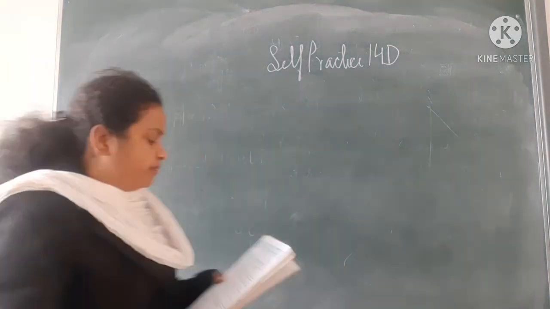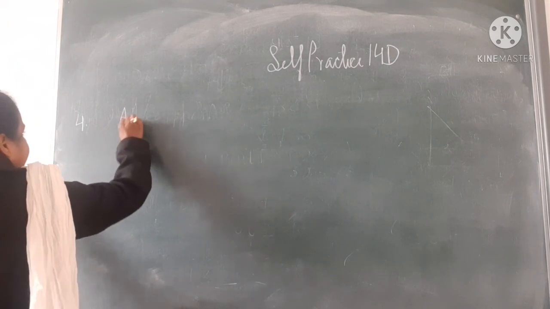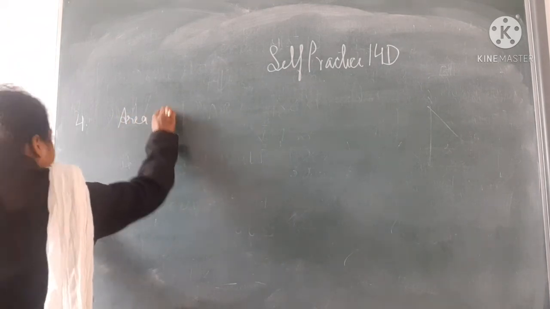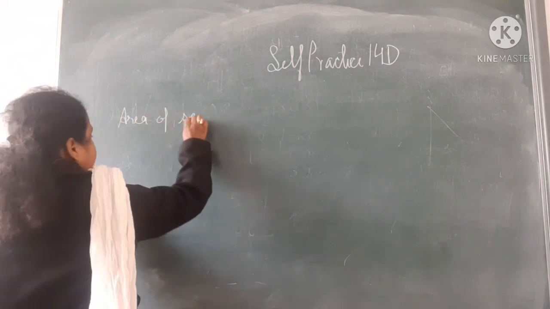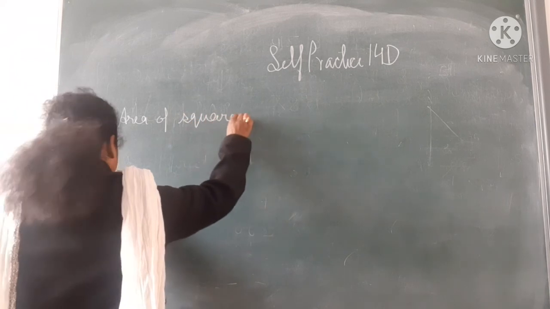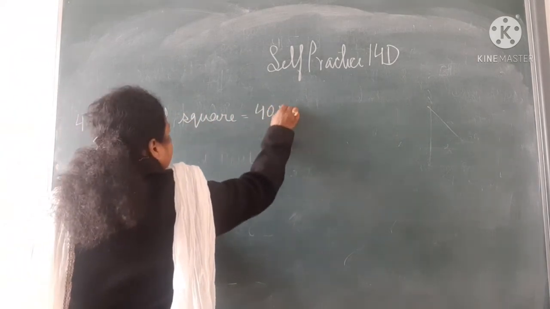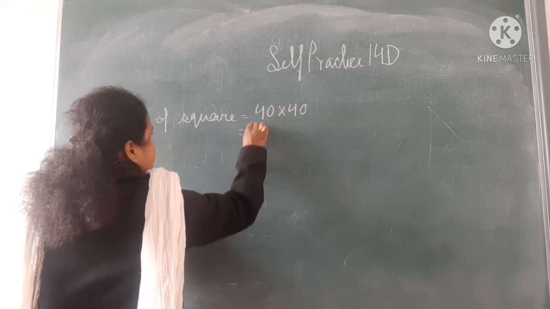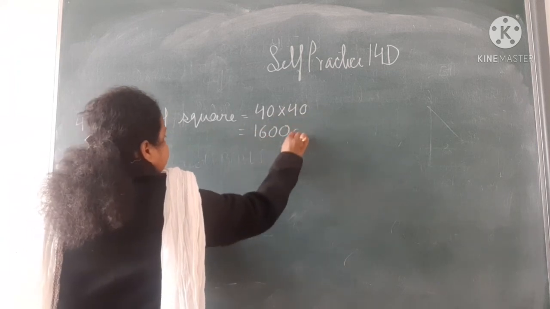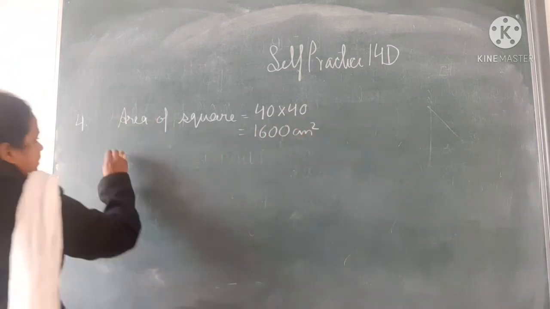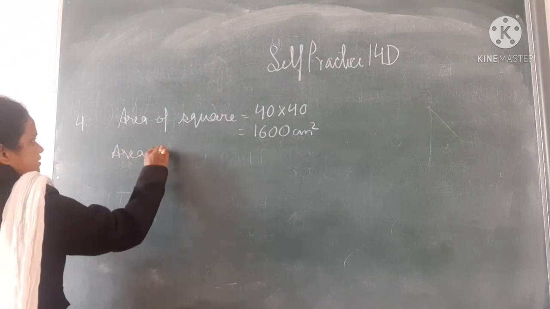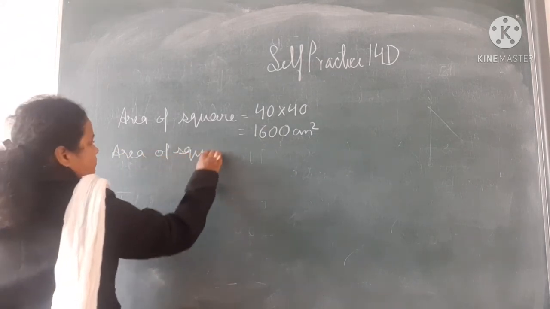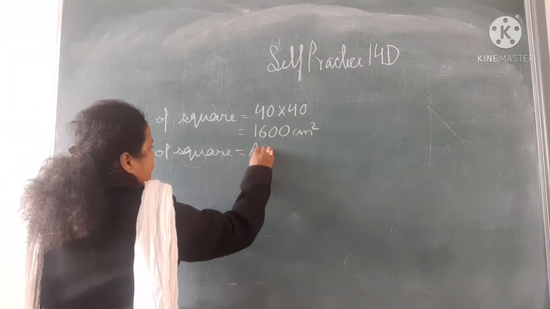So you see now, the area of the square will be how much? 40 into 40, that is 1600 centimeter square. Now the area of the square is equal to the area of the triangle.